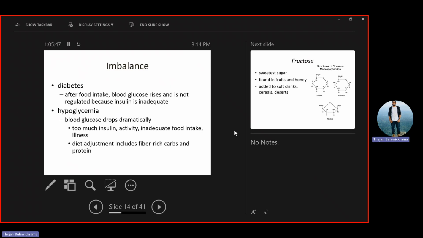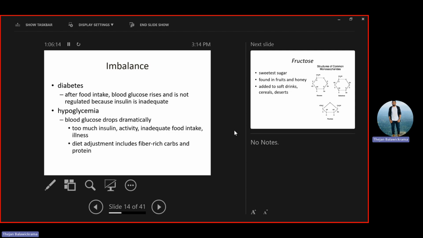How is it happening? In most cases, either we haven't eaten enough, or even after eating enough, the glucose level goes down. That means we have too much insulin. That is the other situation. So due to these two situations only, the glucose level drops down.